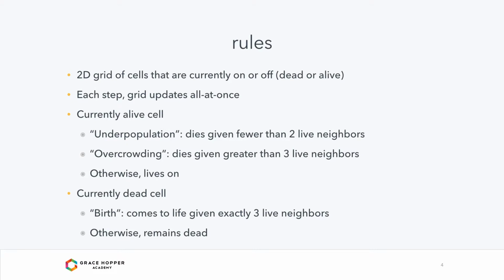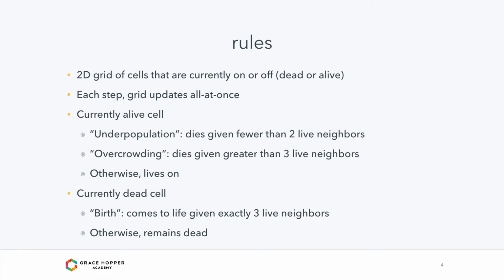A cell that is currently alive will, in the next moment, be dead if it has fewer than 2 living neighbors or more than 3. So there's a nice balance where only with 2 or 3 living neighbors will a living cell continue to be alive.